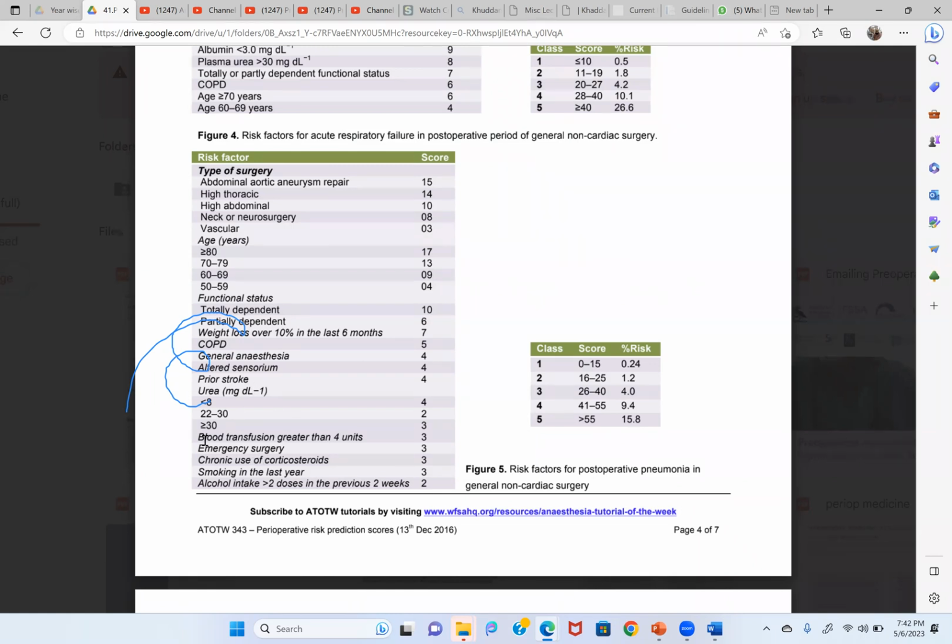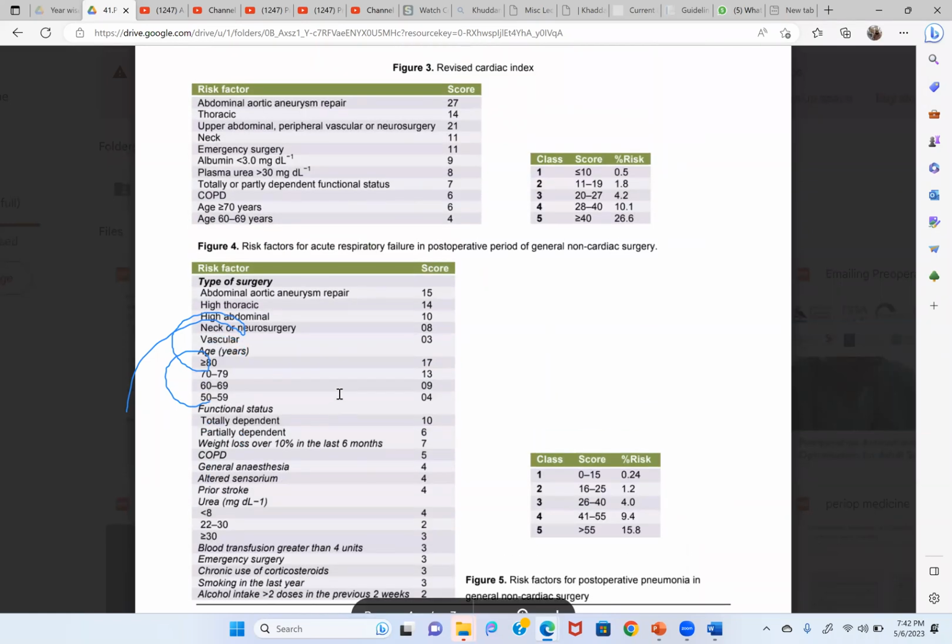If you are giving too much blood transfusion, that will also be a pulmonary risk factor. Chronic use of steroids, where maybe you need to have replacement of steroid. As I mentioned about smoking, alcohol also has some relationship. As I mentioned to you, albumin. So these were the things.